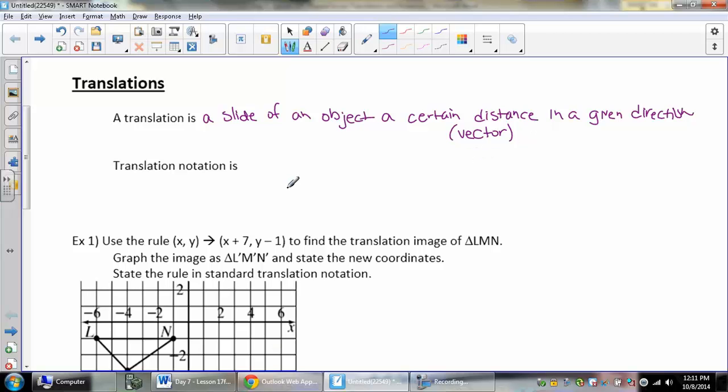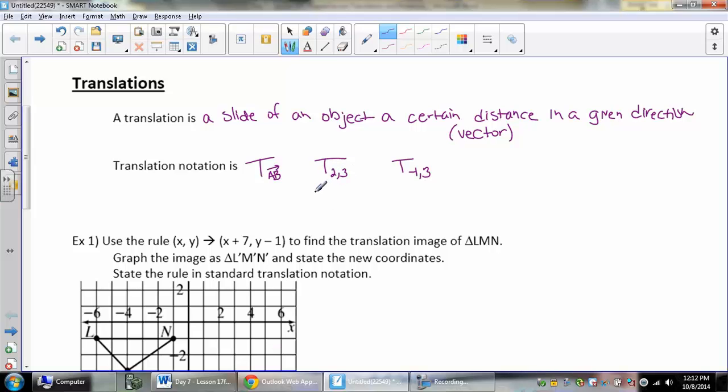Now, when we put that on a coordinate plane, translation notation gets really nice. Translation notation is T_AB, where if you were given a vector AB, it would look like that. But when we talk about coordinates, we get things like T(2, 3) or T(-1, 3). When you see numbers down here, this tells you how much to go right and left and how much to go up and down.